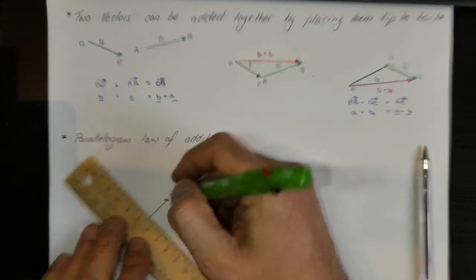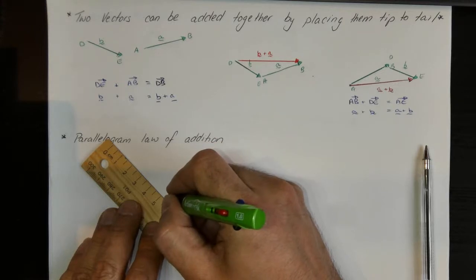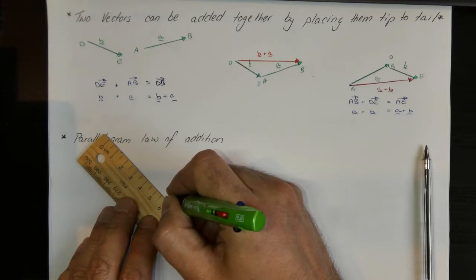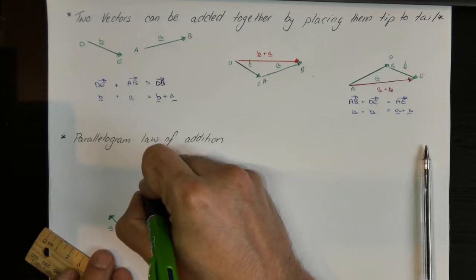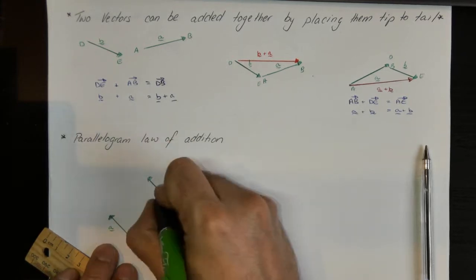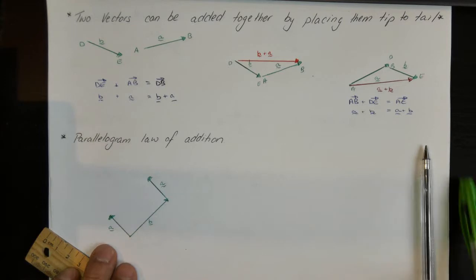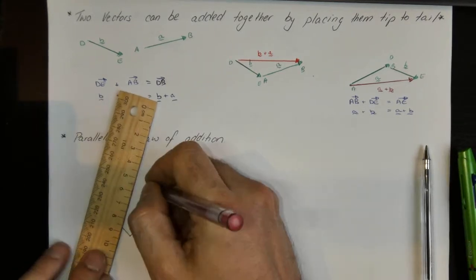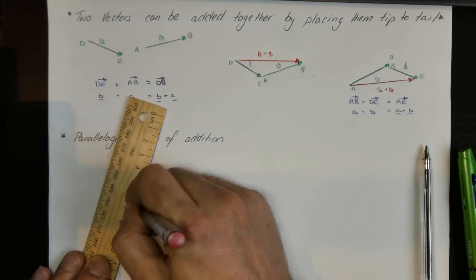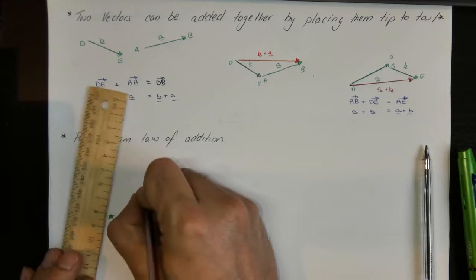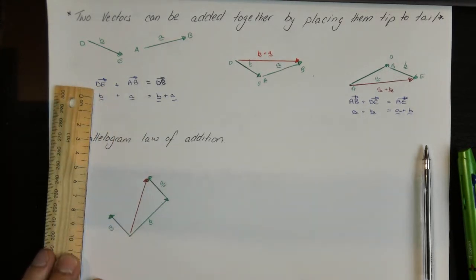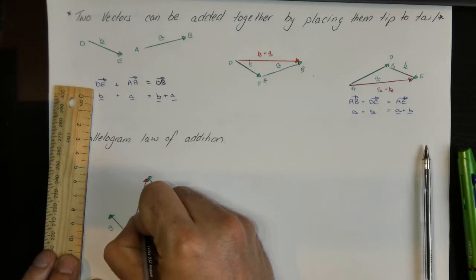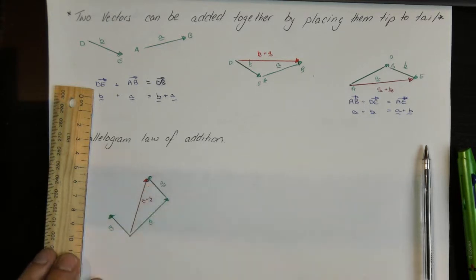I think I made it 2 units as well. Okay, so I've moved this vector so it's over here, and then the sum would be that vector there, which would be A plus B.